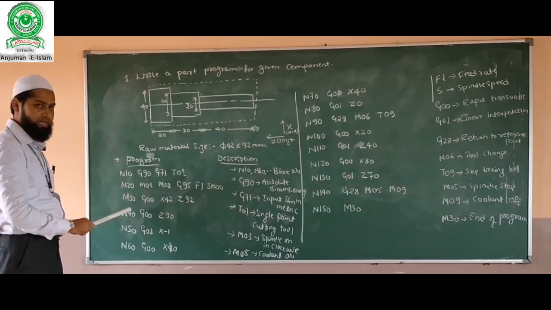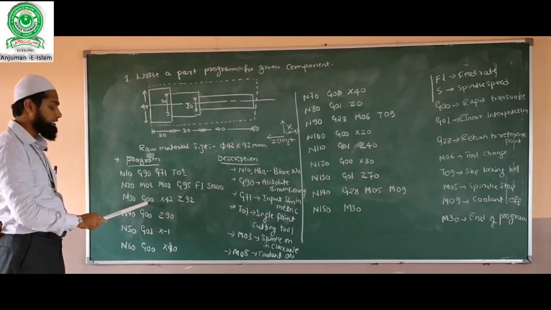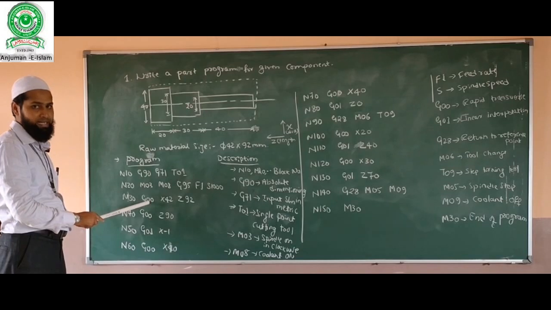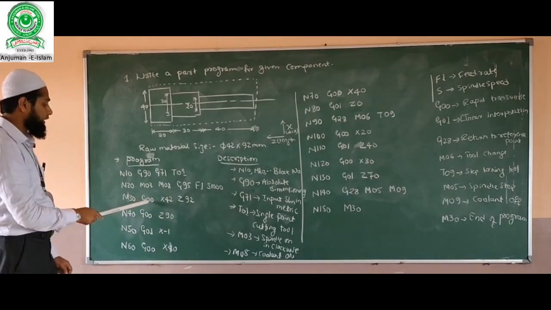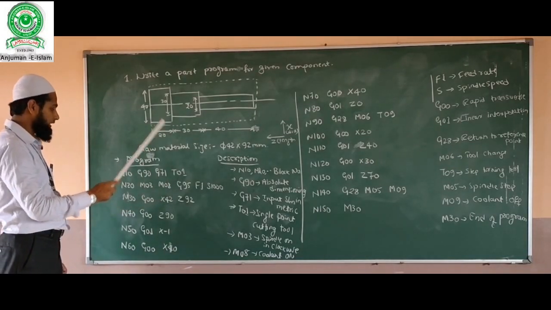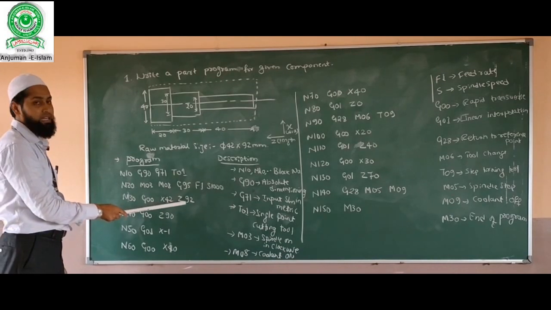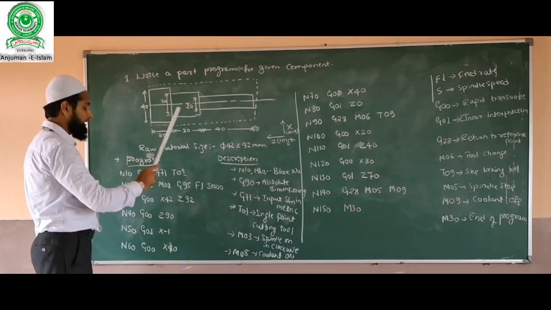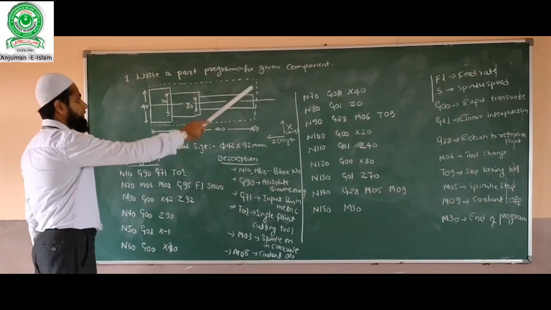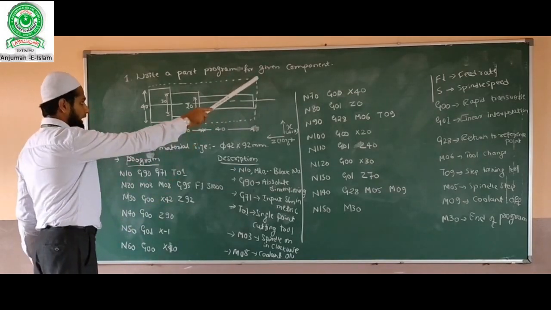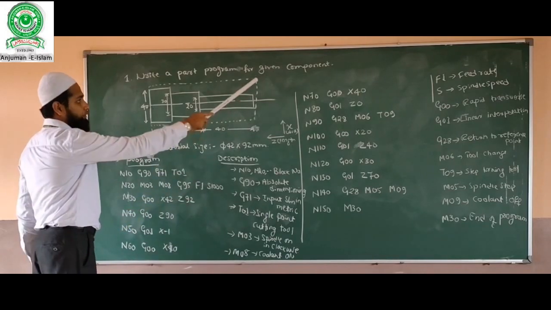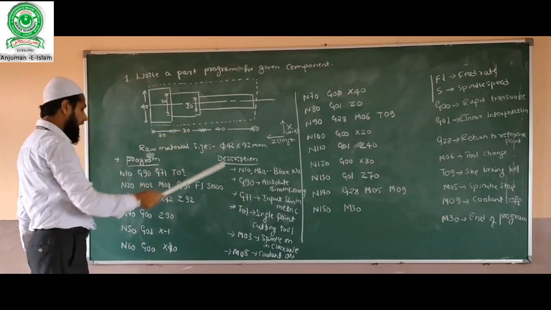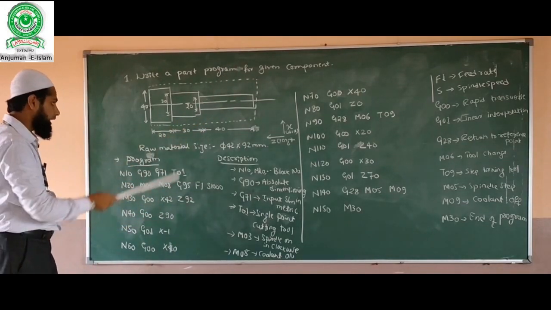Afterwards I will go to the next block N30, that is G00, rapid traverse. Here for rapid traverse the tool will come rapidly, means fast, to the position of X42 and Z92, and stop here. Afterwards first we have to place the component.